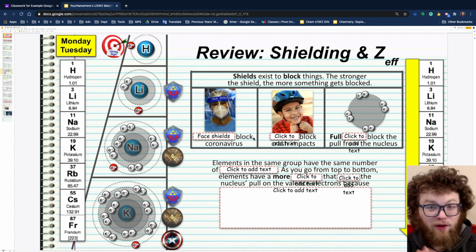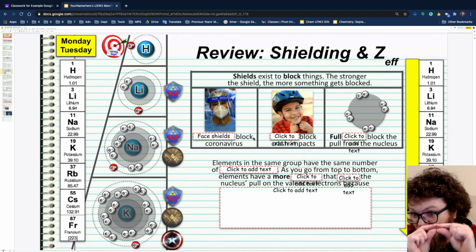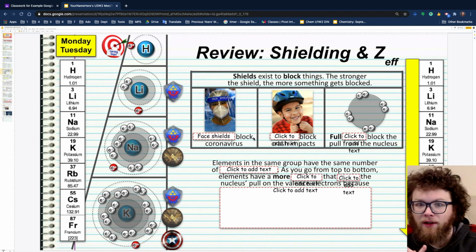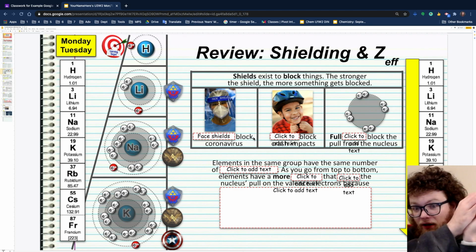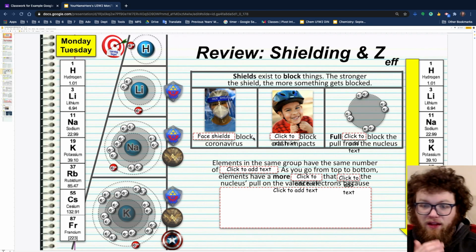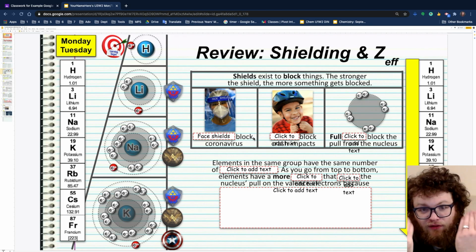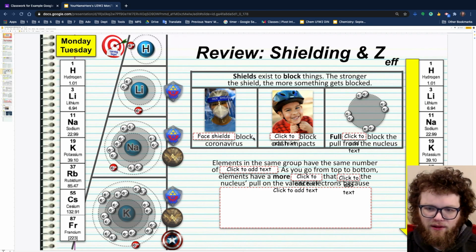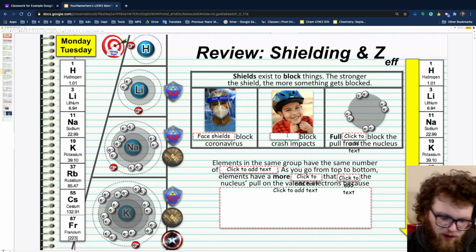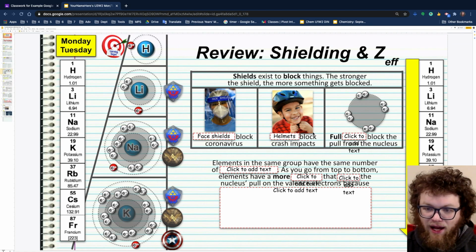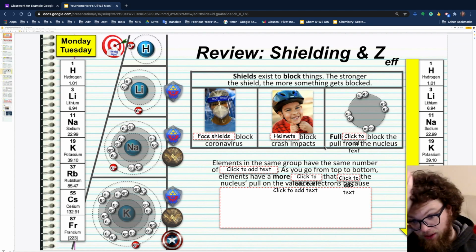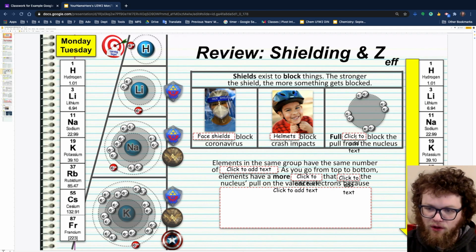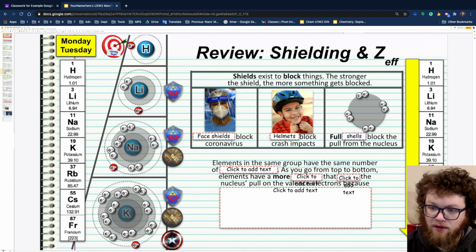The particles of the virus, which remember are matter, do through intermolecular bonding bind to water particles in the air, water droplets, and the face shields help prevent those droplets from getting into your eyes or nose or mouth in addition to a mask. Helmets block crash impact, so if you crash, the helmet blocks the impact from you, and full shells block the pull from the nucleus.